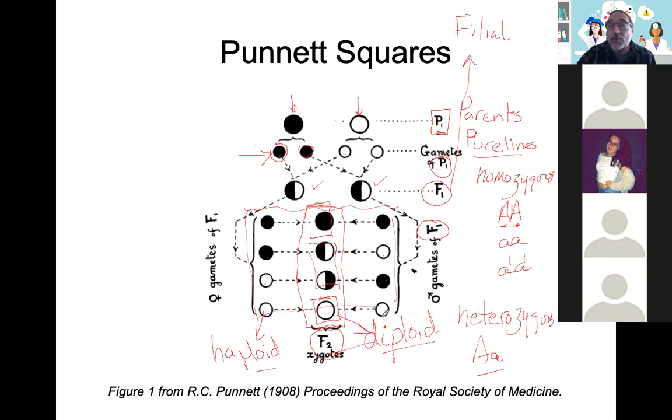Punnett never drew a Punnett square like we all have been drawing them since 7th grade biology, maybe even before that, depending on your school system. He never did it like that. Punnett always drew it exactly like this, showing gametes and then the F2 individuals in the middle. So really kind of a nice way to look at it.